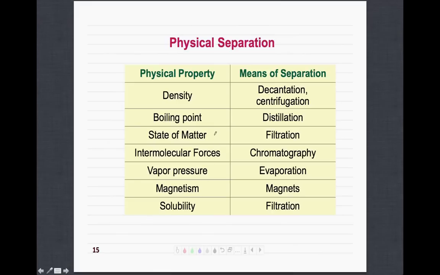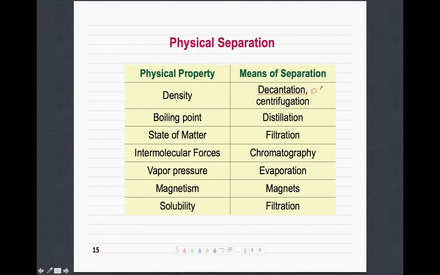This is one kind of separation, and the fancy name for just pouring the oil and keeping the water is decantation. Chemists use this technical word, decantation, and all it means, if you have two liquid phases, is you take the upper layer, pour it, and keep the lower layer.